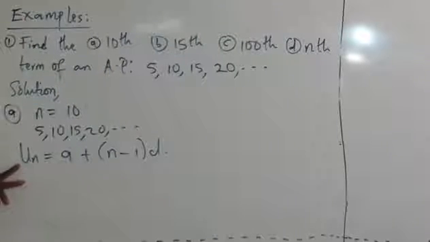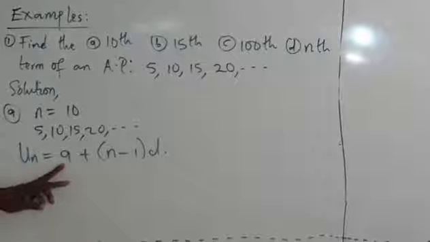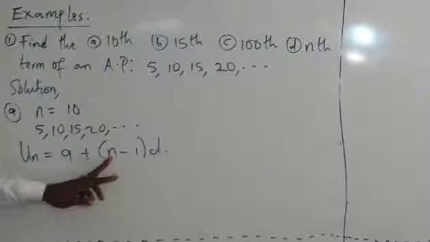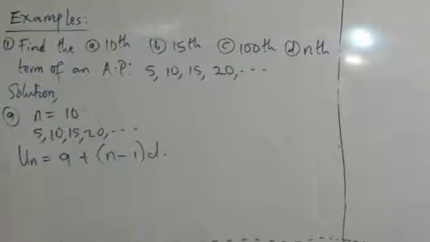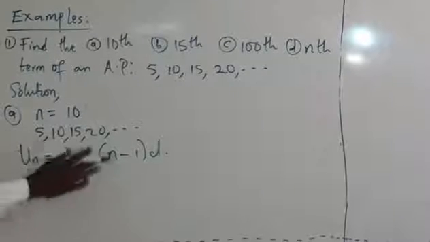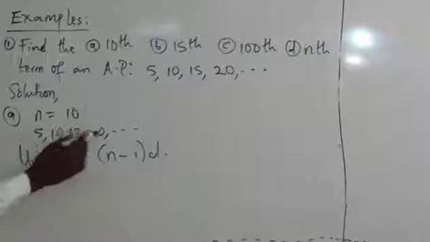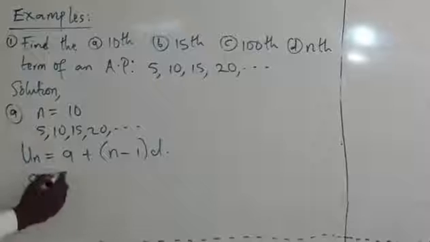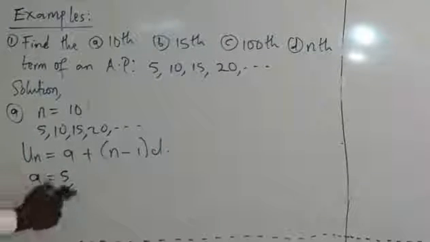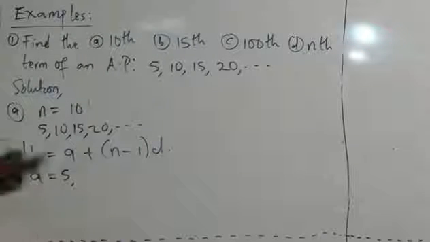Where un is the nth term, that is the 10th term, the one we are looking for, then a is the first term, n is the number of terms, and d is the common difference. So let's write out all the unknown letters here. So the first term, from the sequence given, is the first number we have, that's 5. So the number of terms we are looking for, n, is 10.